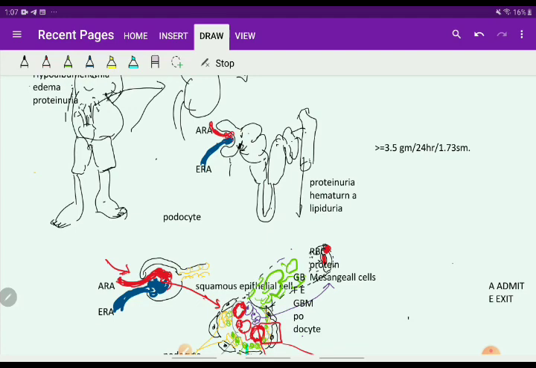The protein leak in nephrotic syndrome will exceed 3.5 grams per 24 hours per 1.73 square meters. With it, there may also be hematuria in the excretion and lipiduria.